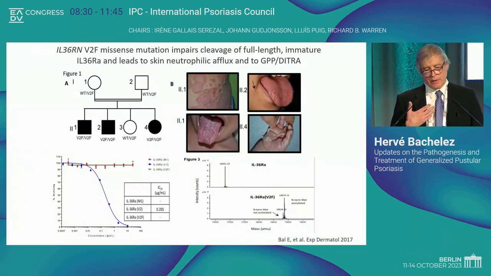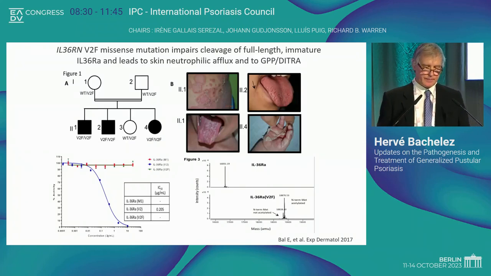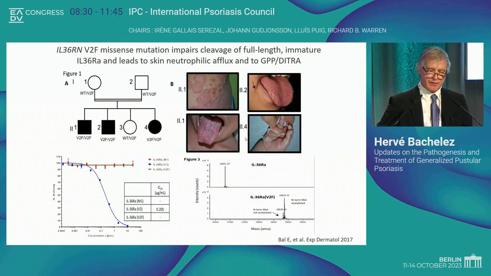So the second message was that in one pedigree, there could be very heterogeneous clinical severity. This is a pedigree where the GPP in the index case results from an amino acid substitution at the very cleavage site that transforms the immature form of the antagonist into a mature form of the antagonist.